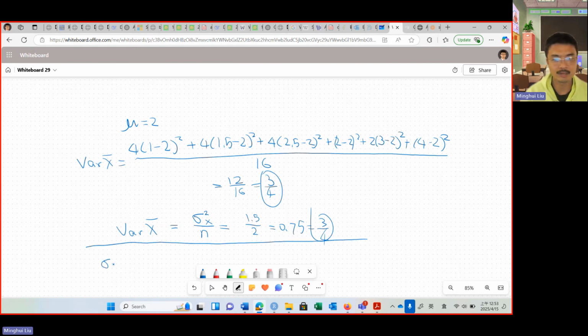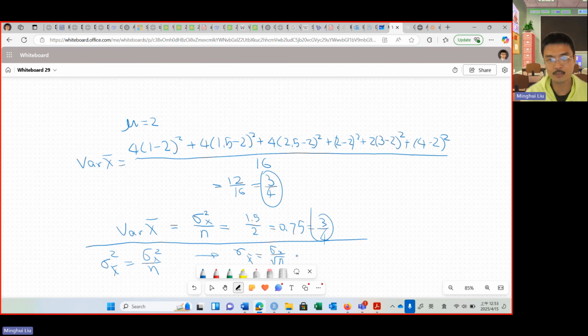By the same formula, sigma squared of x bar is sigma squared of x divided by n. If you take the square root of both sides, you get sigma of x bar equals sigma of x divided by the square root of n.